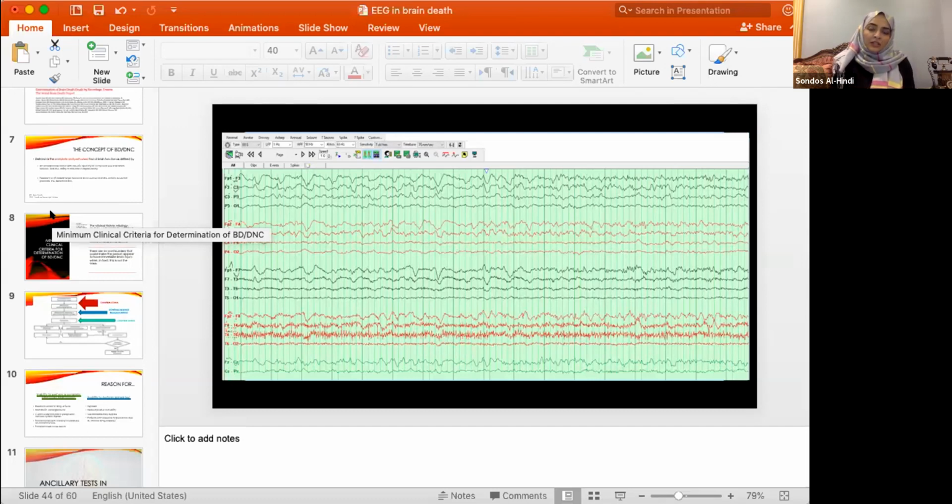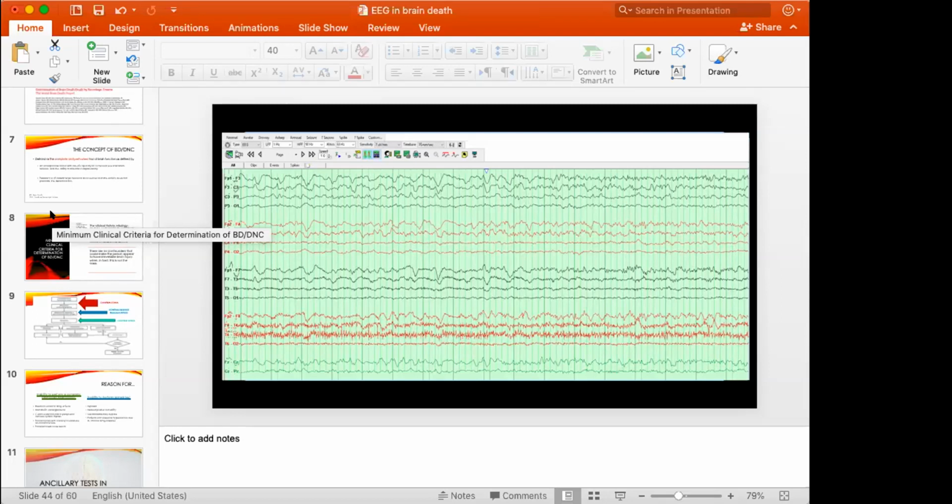They had a clear-cut diagnosis of brain death, but we did EEG just to fulfill the requirement of the government for organ donation. And as I said, I think there's a lot of move towards using EEG only if needed, but not really as a mandatory requirement for declaration of brain death.